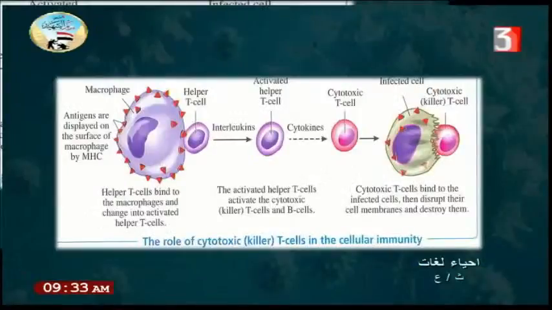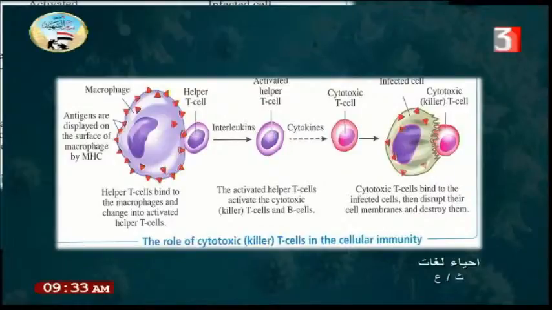After that, we are going to describe what happens inside the cell. What is the role of cytotoxic or killer T cells in cellular immunity? You can see the cell contains antigen which is displayed on the surface of the macrophage with MHC.